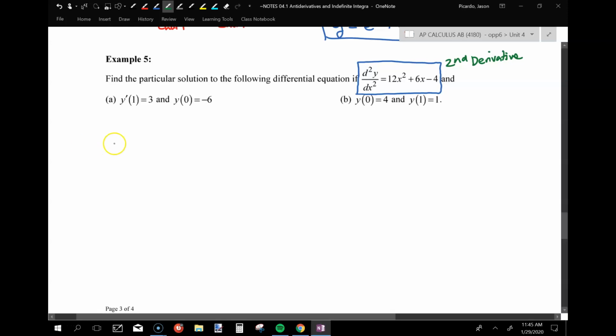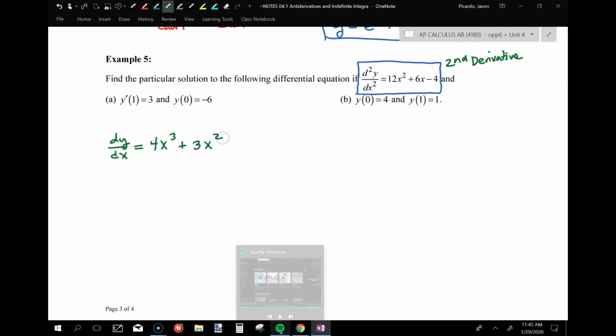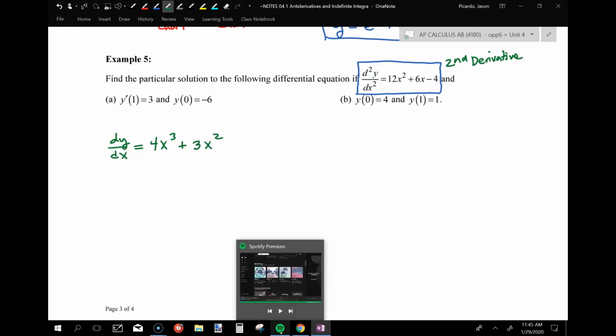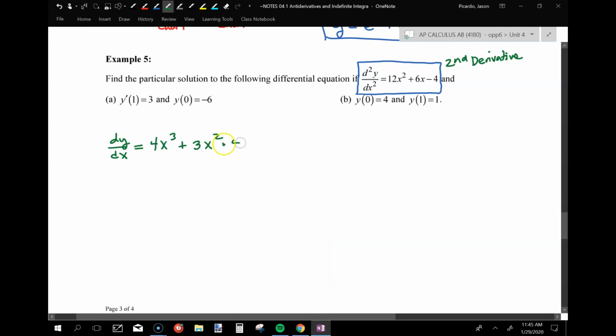What I want to find is the first derivative, right? So the antiderivative of 12x squared is 4x cubed, plus 3x squared, minus 4x, and plus c, right?